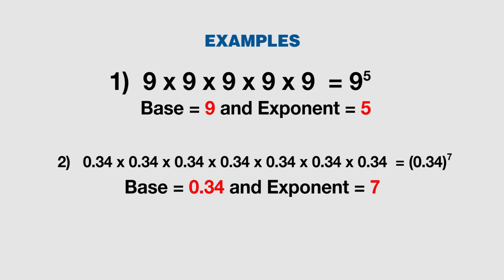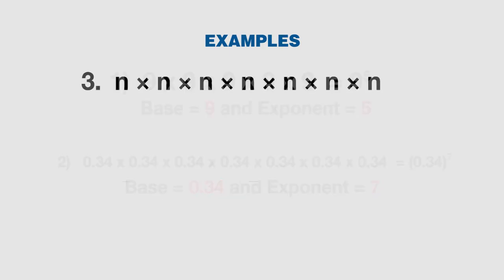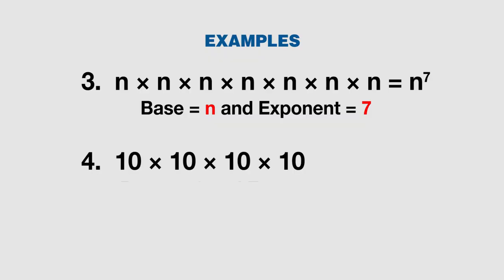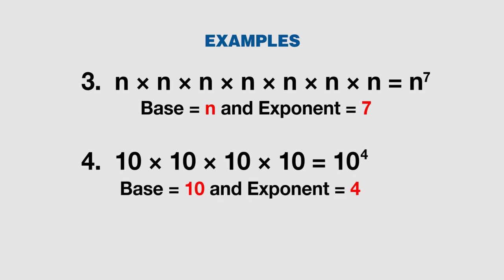Let's look at the next one. We have n multiplied by itself 7 times. And so in index form, we are going to have n raised to the exponent 7. Then our base is n and our exponent is 7. Now we have 10 times 10 times 10 times 10. In index form, that gives us 10 raised to the power 4.